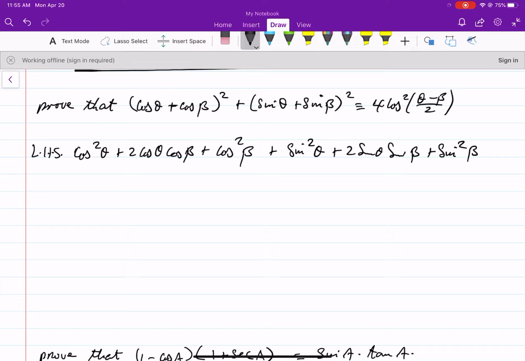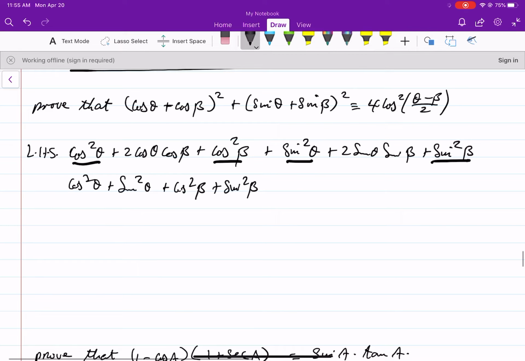And you're already seeing certain expressions like cos squared theta and sine squared theta and cos squared beta and sine squared beta. We'll put them next to each other. Cos squared theta plus sine squared theta plus cos squared beta plus sine squared beta. And then the other parts we put next to each other as well. 2 cos theta cos beta plus 2 sine theta sine beta.